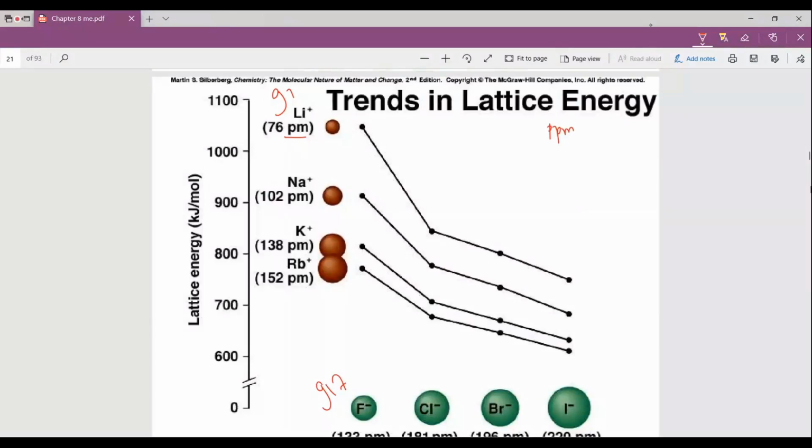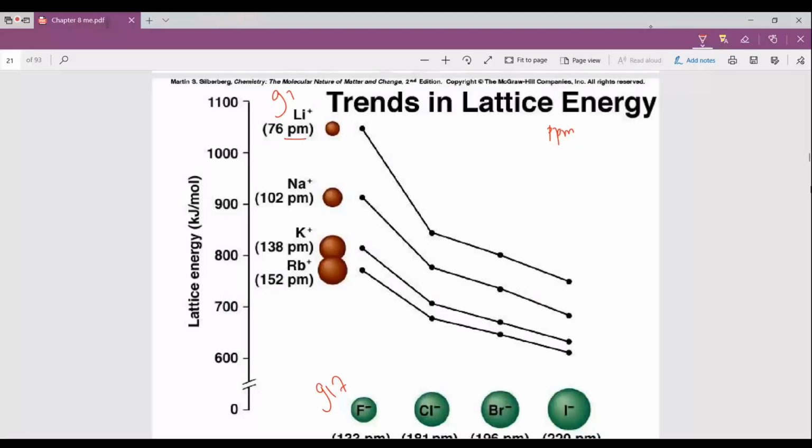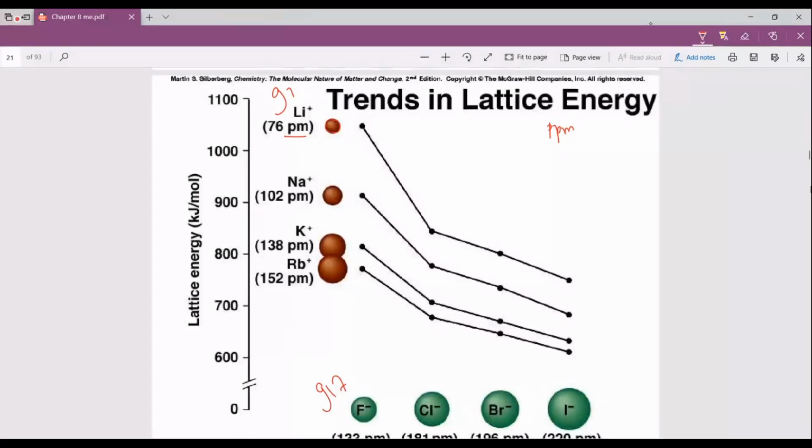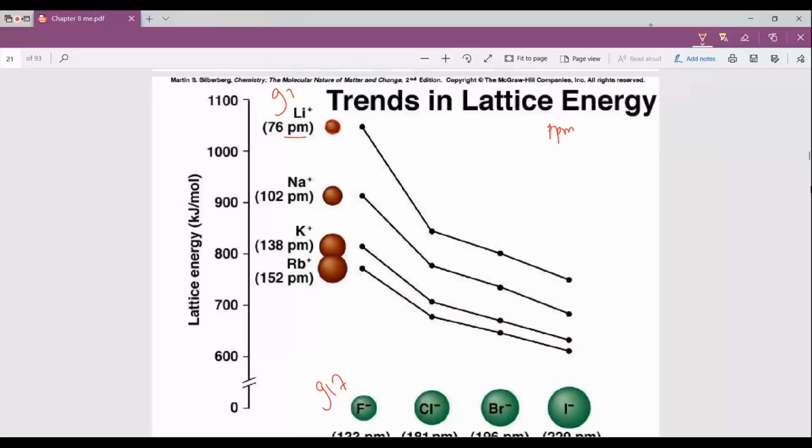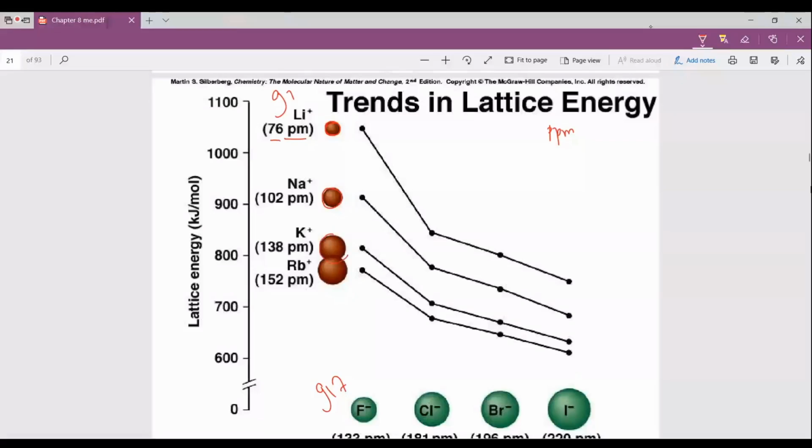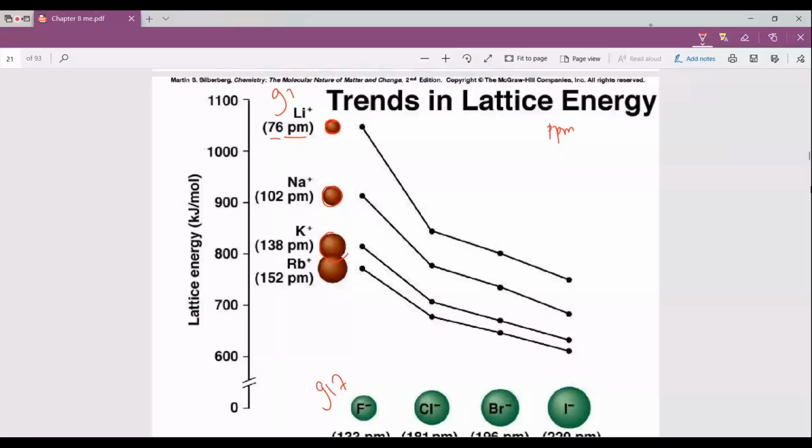So this is picometer, because it is the size of the Li plus, Na plus, K plus here. You can see lithium's size is 76 picometer, and Na plus is 100, even bigger, and then down the group it gets bigger and bigger. So what happened to lattice energy?